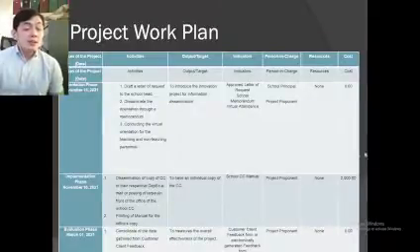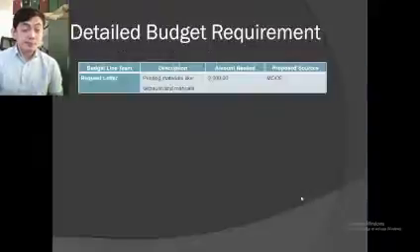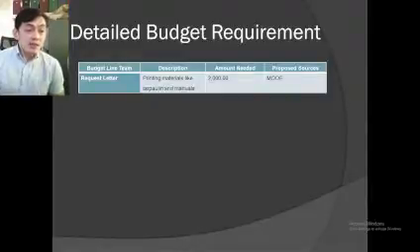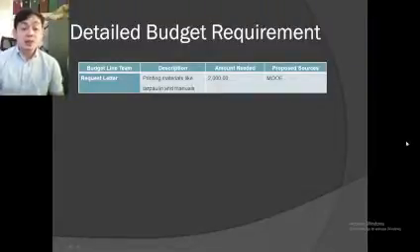And then during the evaluation phase, the client feedback data gathered is consulted to measure the effectiveness of the project. Now, for the budget, the source of funds is coming from the maintenance and other operating expenses, or the MOOE, and it would cost 2,000 for the tarpaulins and the manual.